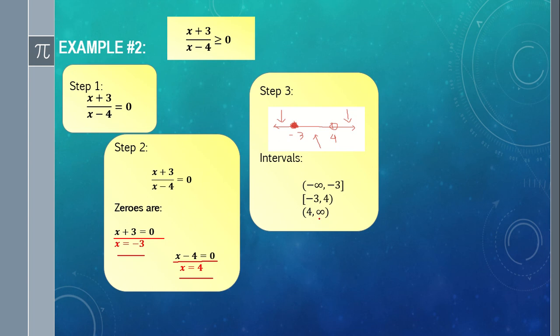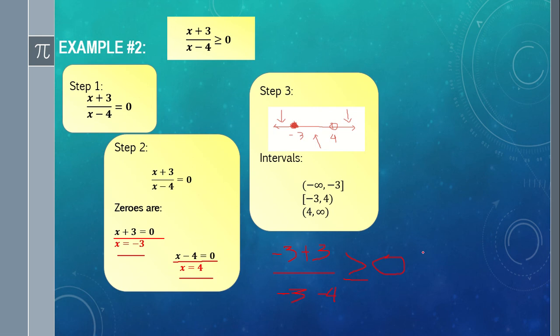If you are asking, sir, how come in your number line the negative 3 there is shaded? Simply because, take note that when we have an equal sign, one of the zeros there can be or might be part of the solution. So we need to confirm first negative 3. We need to substitute negative 3 to our original inequality. So that's going to be negative 3 plus 3 over negative 3 minus 4 is greater than or equal to 0.